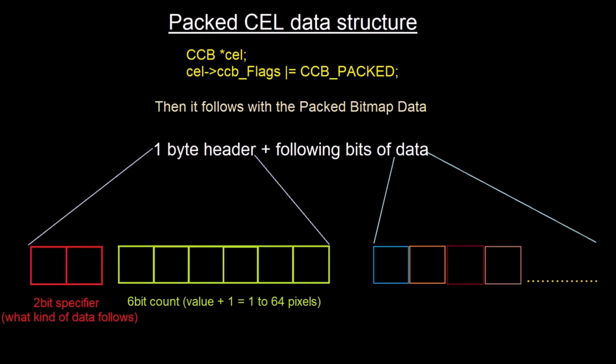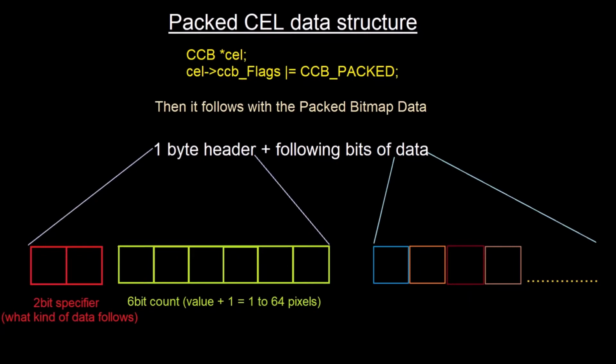And there, the 6 bits are the count, how many pixels are following, and the value of a 6-bit number is from 0 to 63, but you add 1 in this interpretation. You add 1, so a value 0 would be 1, so that it goes from 1 to 64 pixels, because it would be pointless for someone to put 0 and that means repeat 0 pixel.